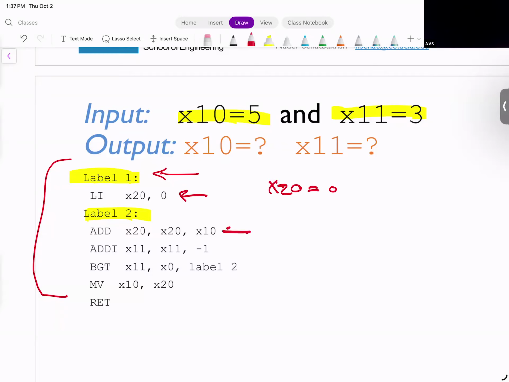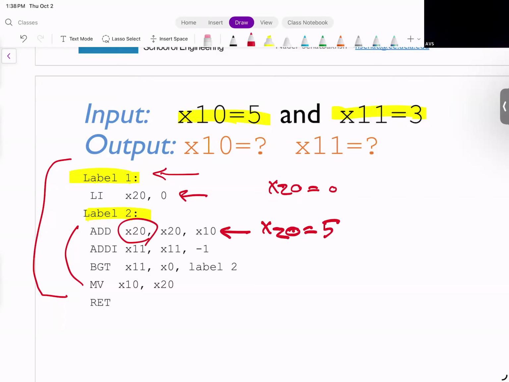Then you're going to start executing this instruction. If you look into this instruction, x20 is some form of a sum, right? So it's a variable that keeps track of the sum. What this does is x10 plus x20, and write the result to x20. So at this point, x20 is equal to 5.